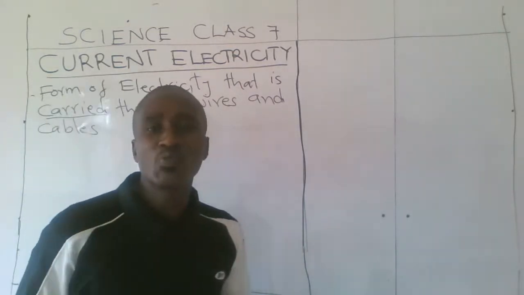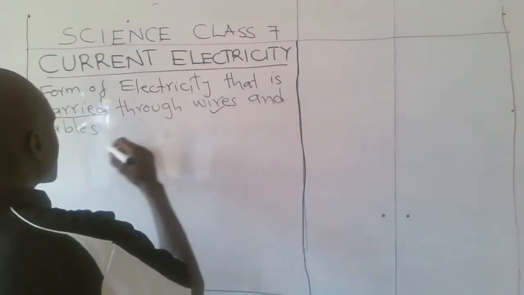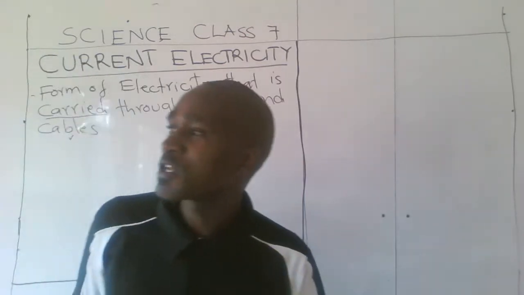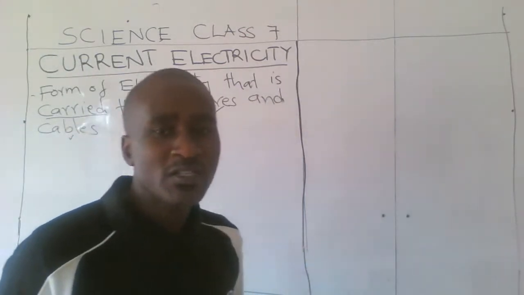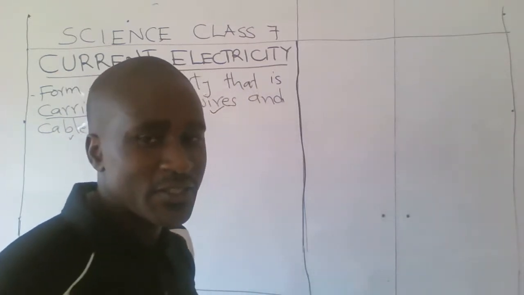It can't just move. It must be carried by wires and cables. I hope you have seen electric poles and electric cables. Those are the ones which transfer current electricity.